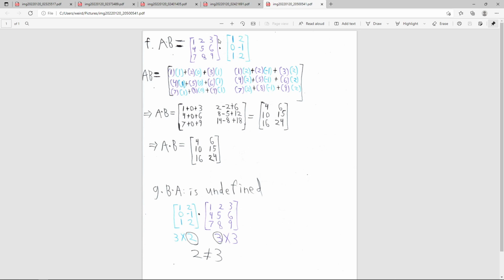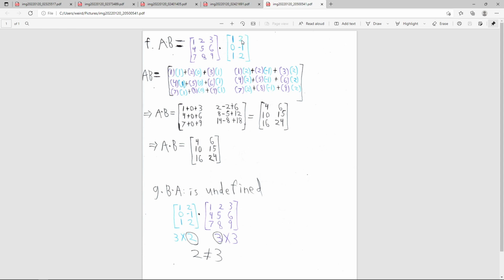Then row 1 with column 2 comes next. So 2 times 0 plus 3 times 1. That's all you do in the dot product between these two, and then you move on to the next entry.